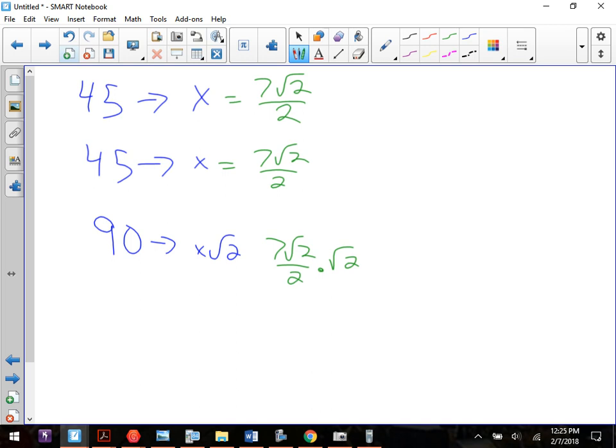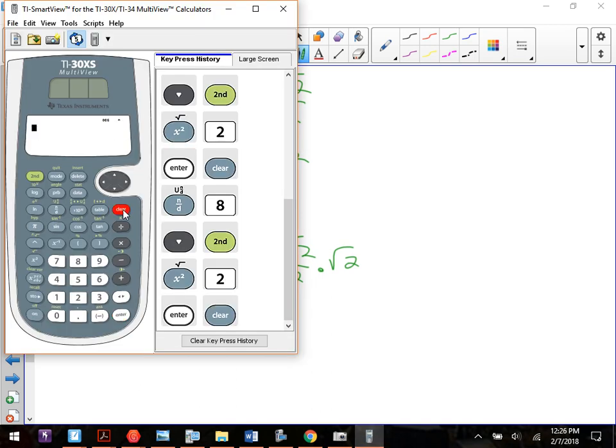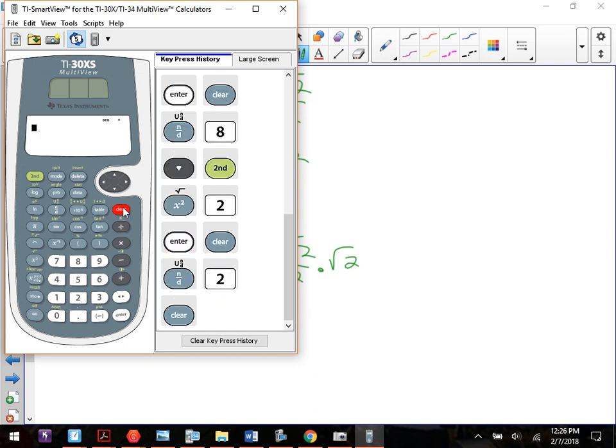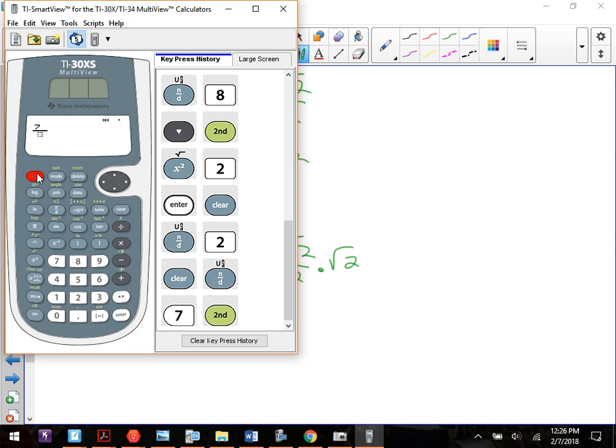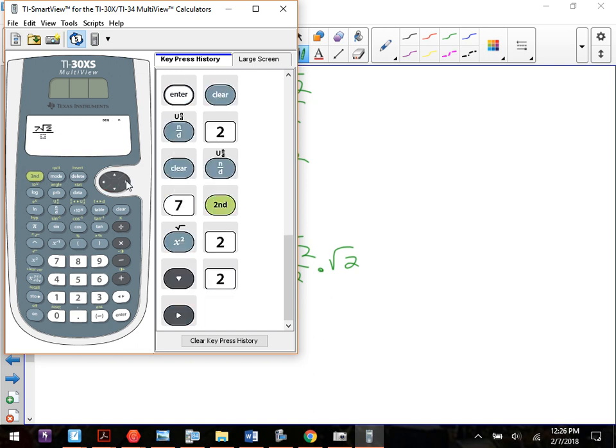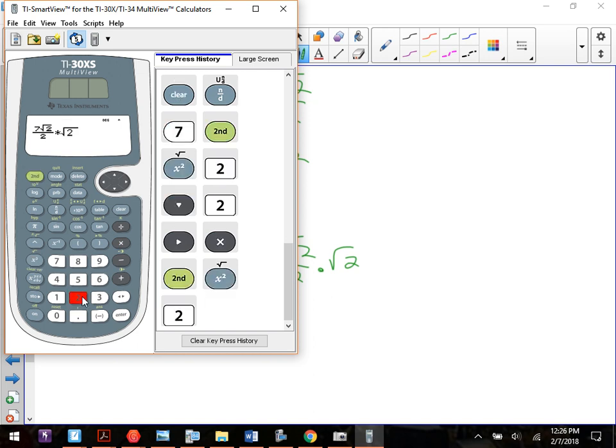Well, you quite literally type it the way that it looks. Fraction bar, 7 root 2 over 2 times the square root of 2. I'm typing it exactly the way that I wrote it down.